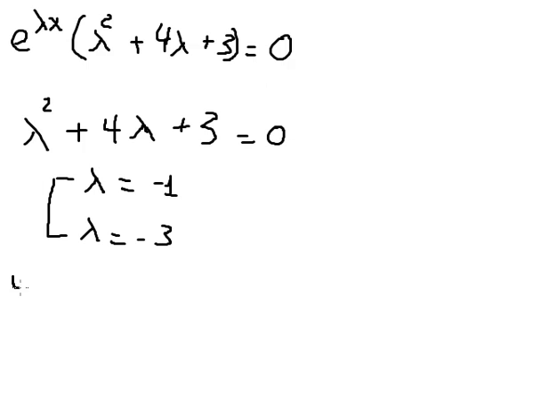So that means we have yc equals c1, the constant 1, e to the power of negative s, and c2, e to the power of negative 3s. That's it from here.